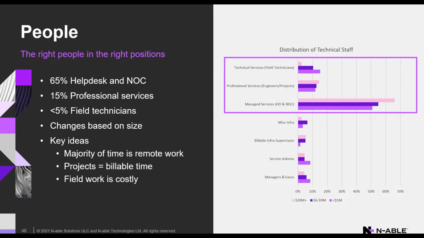But the key idea that we're operating towards here is on-site equals expensive. So why not use the tools at your disposal to do work remotely? Specifically inside N-central and inside RMM, we'd like the vast majority of it to be done out of the remote background tool. Remote background's command line interface or PowerShell interface allows you to do work without your end users knowing you're there.